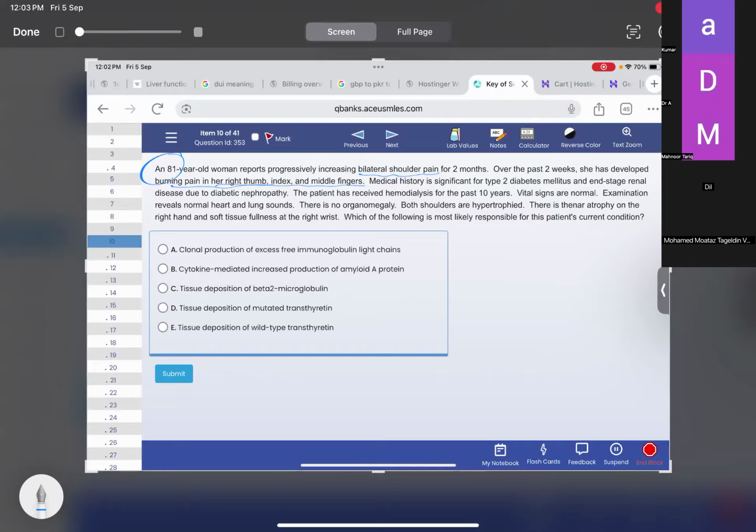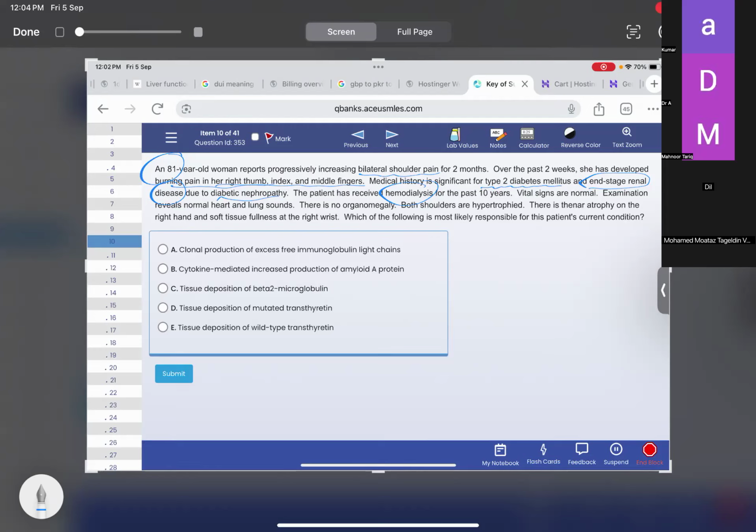Don't confuse yourself with extra things. Type 2 diabetes and end-stage renal disease due to diabetic nephropathy. He has been on hemodialysis. Examination reveals normal heart, no organomegaly, shoulders are hypertrophied, thenar atrophy. Which of the following is responsible for the current condition?